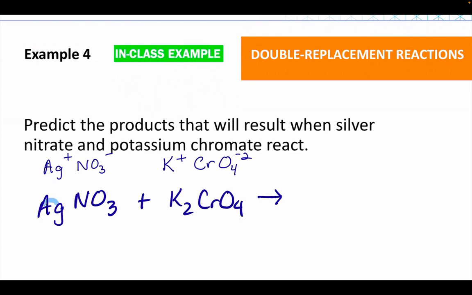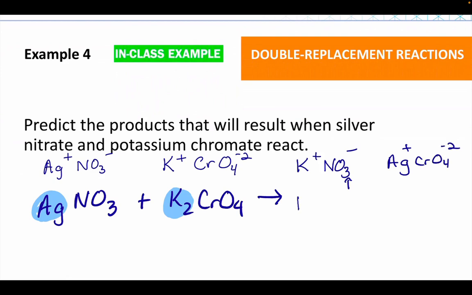Then when I get over here, I'm switching. So the silver is going to go where the potassium is. Potassium goes where the silver is. So my potassium now is going to go with the nitrate. So notice I didn't bring the 2 with. That 2 is there because of the balancing the charges. The only time I bring subscripts with is if it's part of the polyatomic ion, like the 3. The silver is going to go with the chromate.